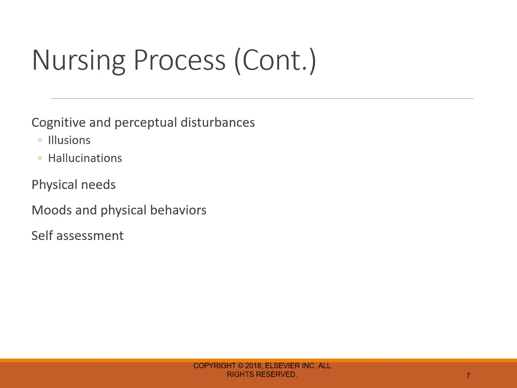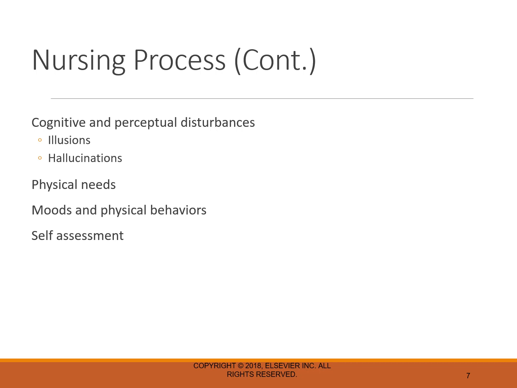Delirium patients can have cognitive and perceptual disturbances. Illusions and hallucinations are common in patients with delirium. The patient may perceive a stimulus as something different, misinterpreting the stimulus. That is called an illusion. For example, a cord in the blind can be misinterpreted as a snake.